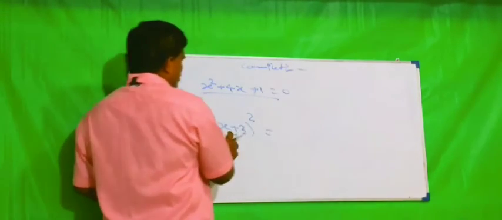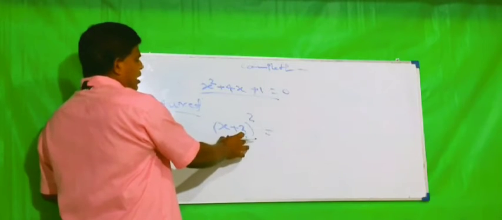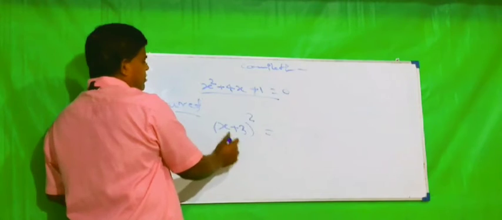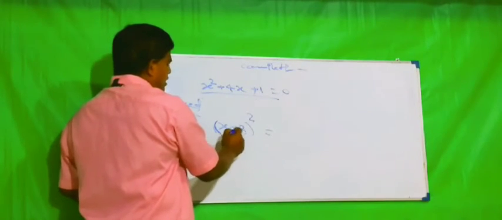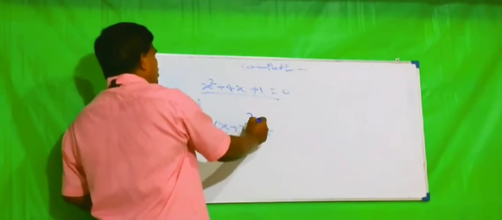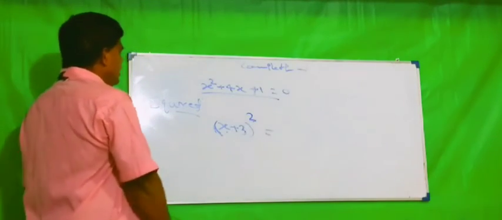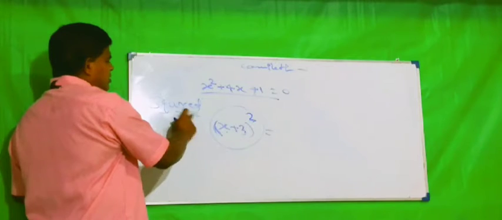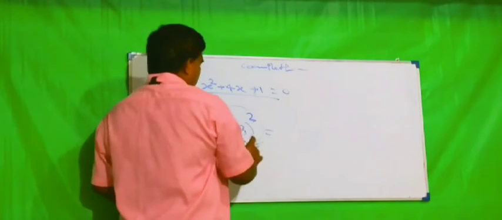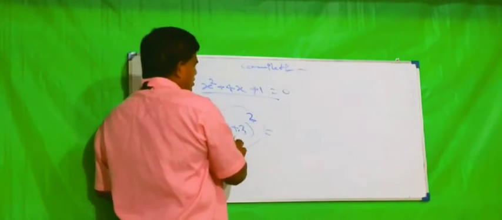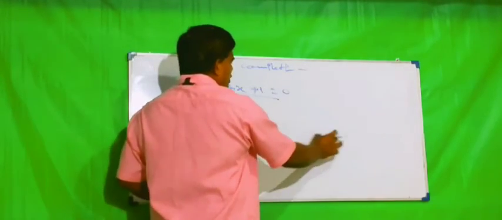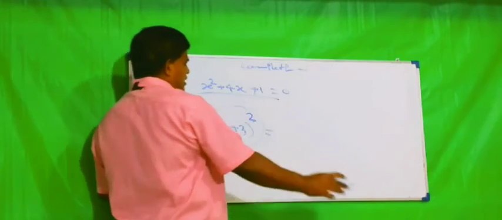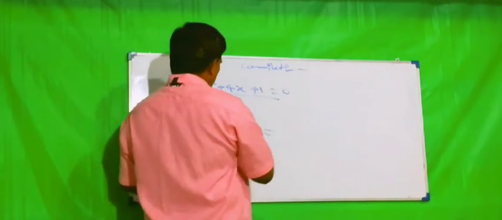The expansion of this square, this is actually a completed square. Completing means entirely x plus 3 is squared. That's why this is named a completed square. Then in the expansion of this square there are 3 terms, which were learned in grade 10.